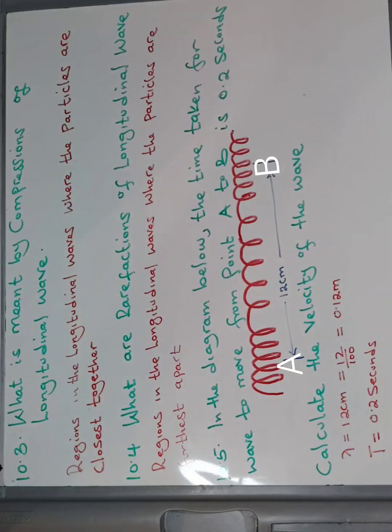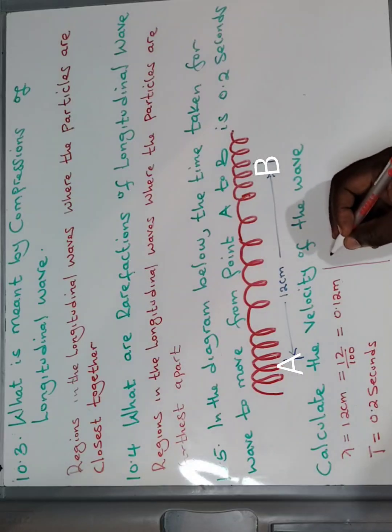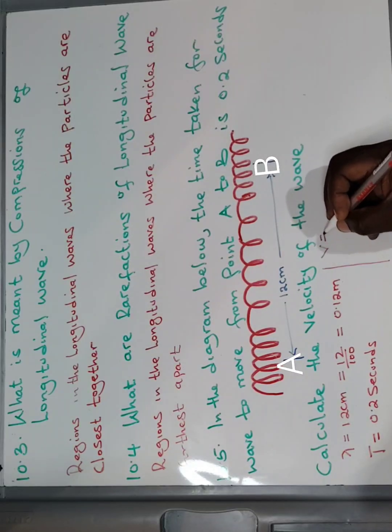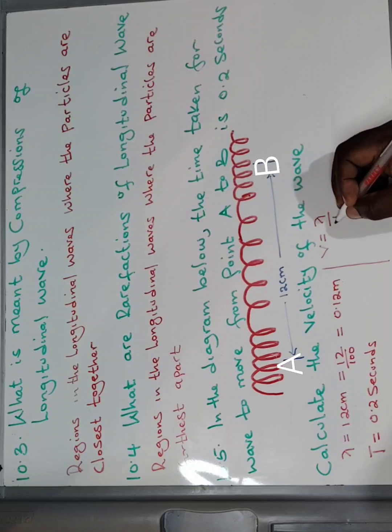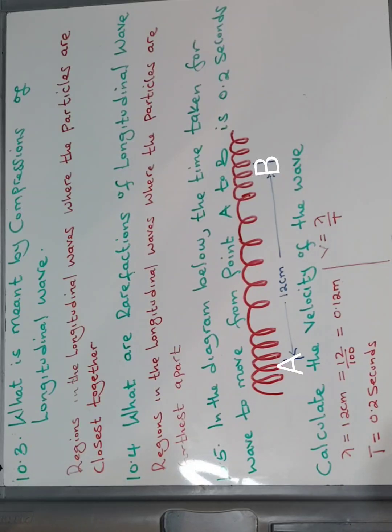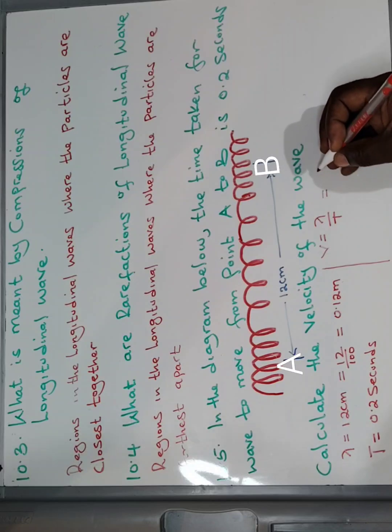So what do we do from here? We can use any equation of our choice. We can use velocity is equal to lambda over T. What is the wavelength?